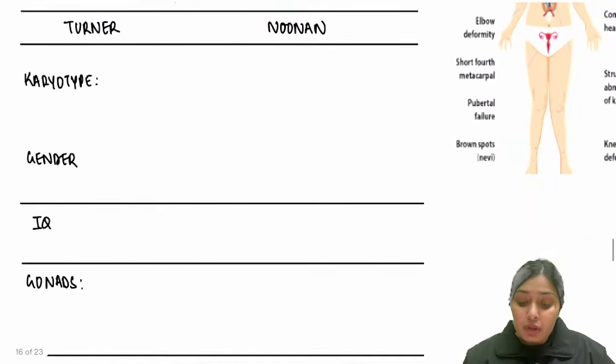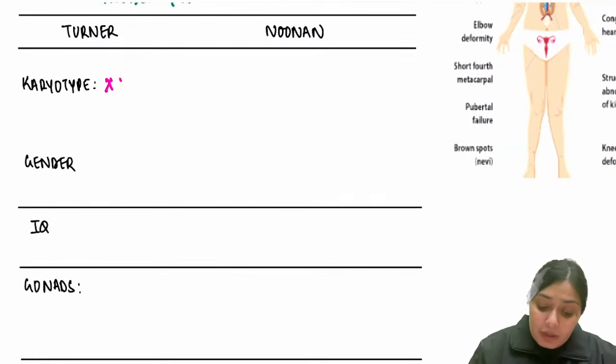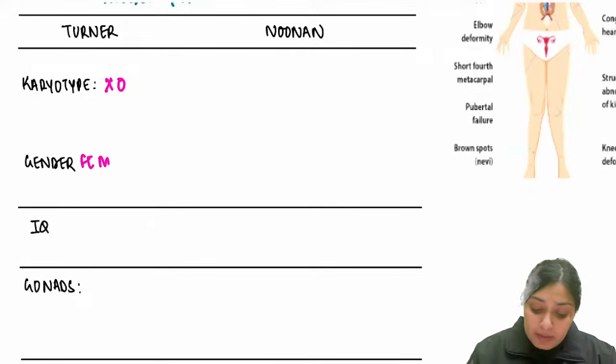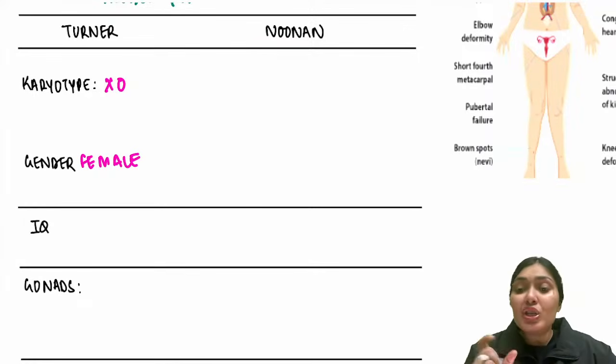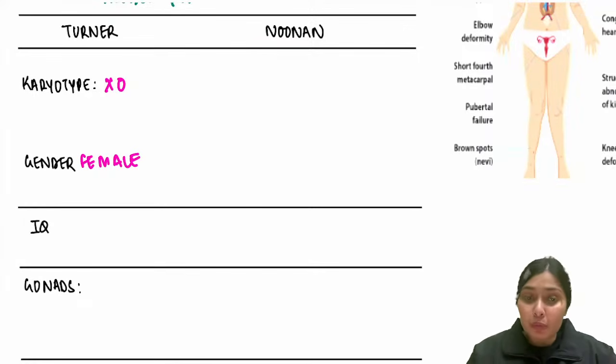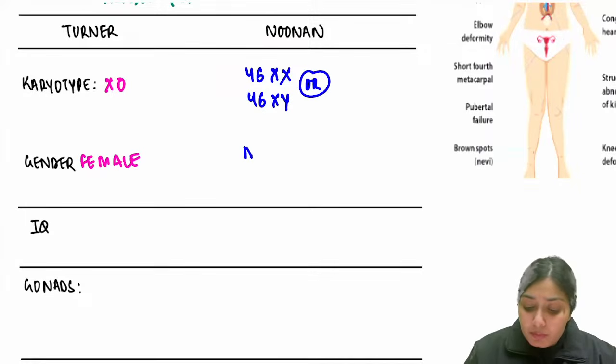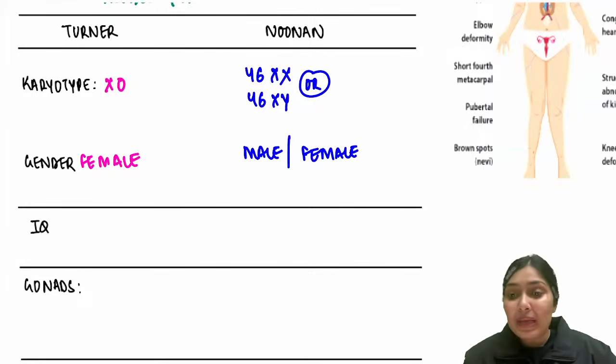So when we talk about Turner and Noonan, in Turner the karyotype is XO because the Y is not there. These are only going to be females. But on the other hand, Noonan's is a gene problem, not a chromosome number problem. So here the karyotype can be either 46XX or 46XY. Right? So these can be both male or female. So allocating a sex to Noonan, that it is male Turner's, is wrong.